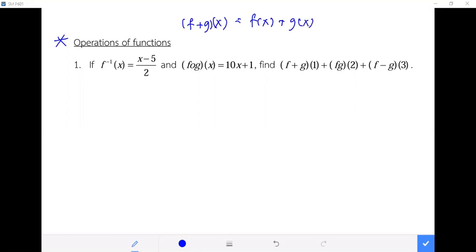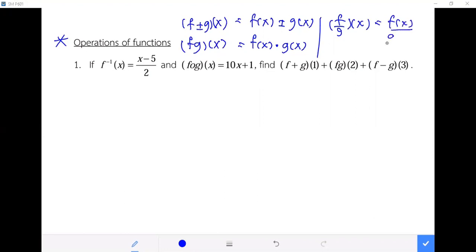Same as minus: (f minus g)(x) is f(x) minus g(x). (f times g)(x) is f(x) multiplied with g(x). (f over g)(x) is equal to f(x) divided by g(x), but g(x) is not 0 because you don't want to divide by 0. If you can work with functions, this is so easy.